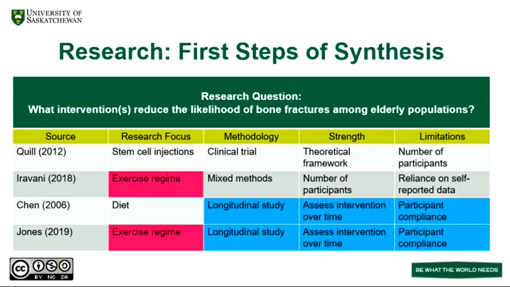So it might be that multiple sources are really interested in the role of exercise in reducing the likelihood of bone fractures, or it might be that we are really interested in the information gleaned from longitudinal studies, and we see multiple longitudinal studies, and there are some strengths and limitations associated with that sort of research design.